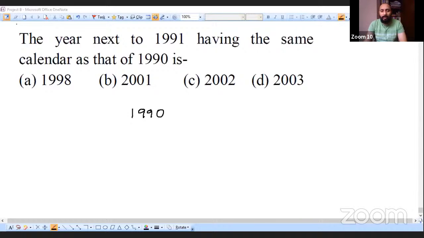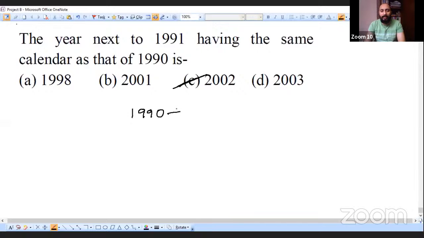So one way you can think it like that. Yeah, 2002, Harshit, very good. 2002 is the right answer.